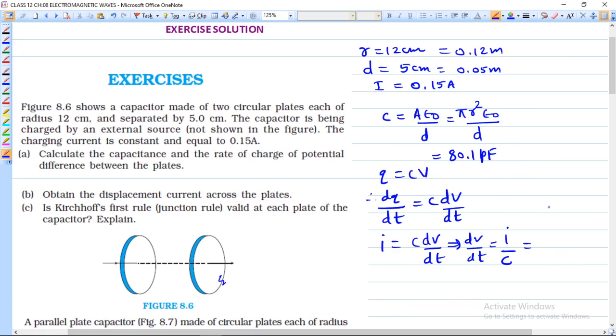I is 0.15 and capacitance value is 80.1 picofarad, means here 10 raised to minus 12. Clear or not? By putting all these values you will get the answer 1.87 into 10 raised to 9 volt per second.